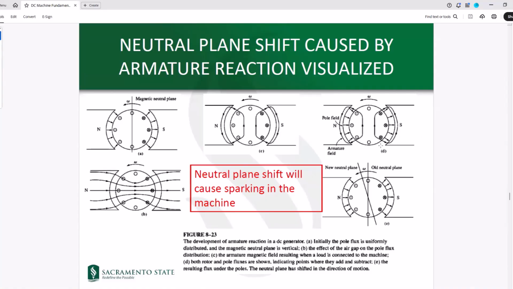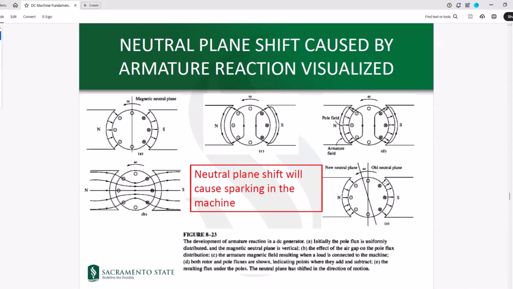What it does is that at some points, the overall magnetic field, coming from the vector summation of both the stator and the rotor, which is the armature, would be bigger.